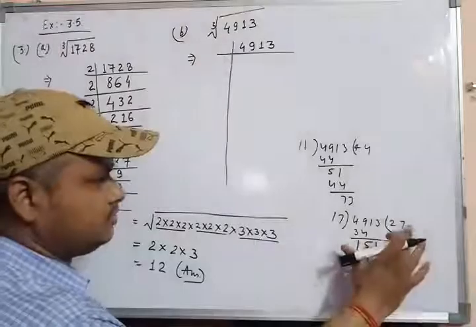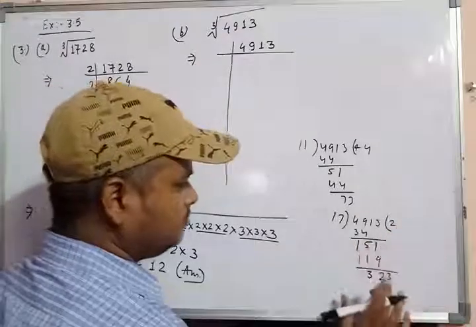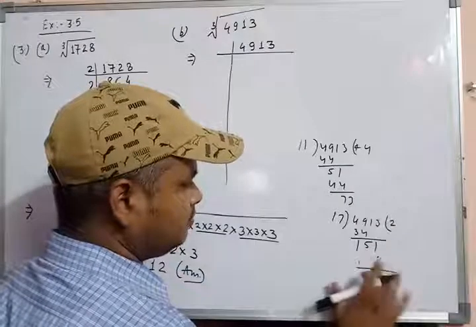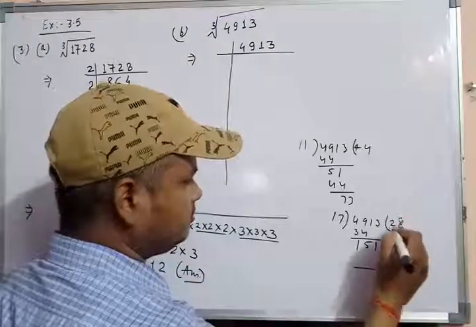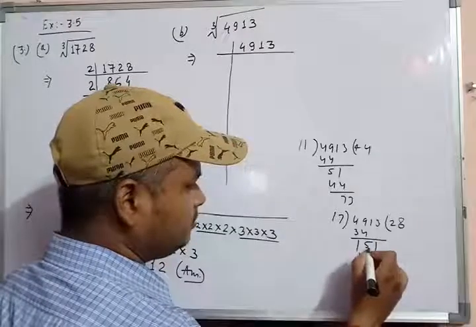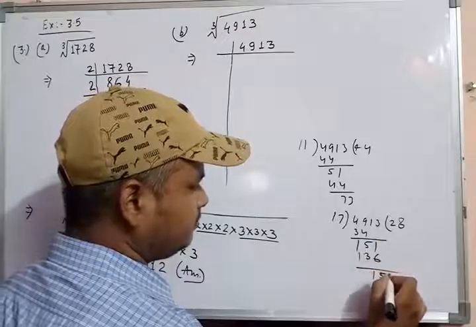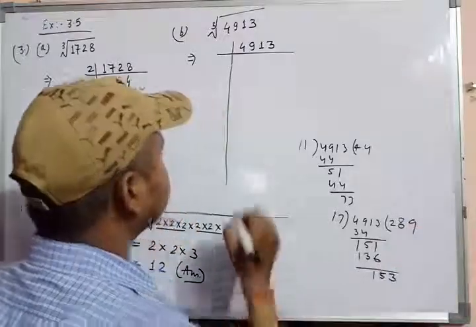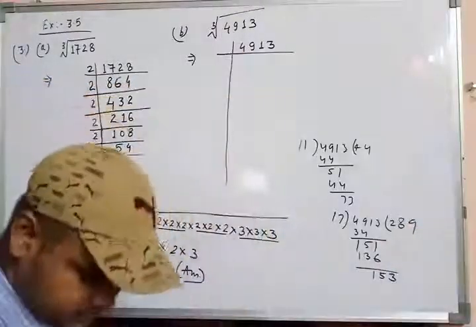Now 17. 1 3 6, 11 minus 6 is 5 and 4 minus 3 is 1. 17, yes, this number is divisible by 17.